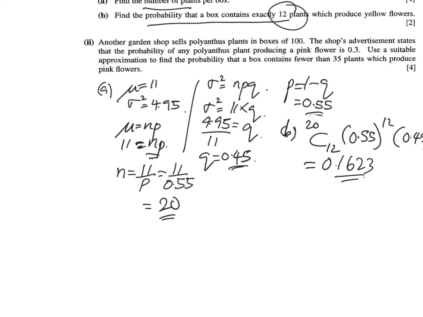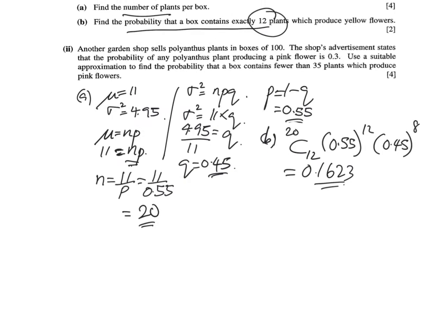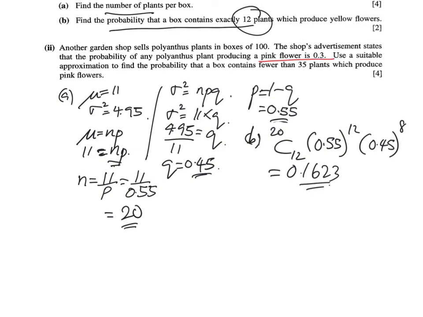Let's list down all the values that we have, that way it's easy. Producing a pink flower is 0.3. Use a suitable approximation to find the probability that a box contains fewer than 35.